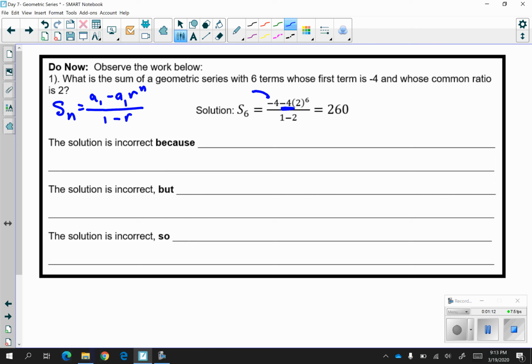Because this one is telling you that a sub 1 is equal to -4. So this should really be -4 minus -4. And that's where the error is. So the solution is incorrect because they forgot the negative for the second a sub 1.